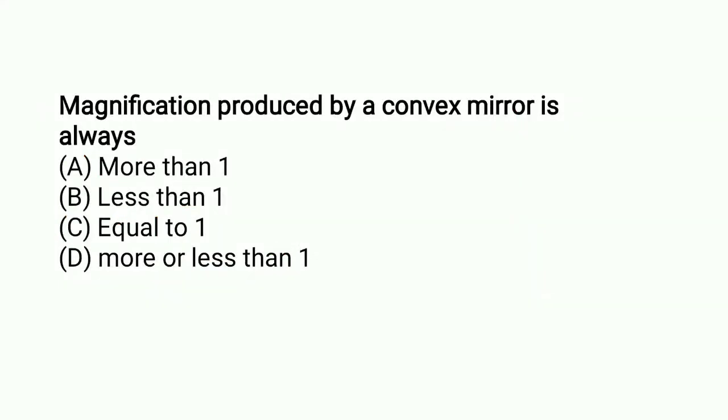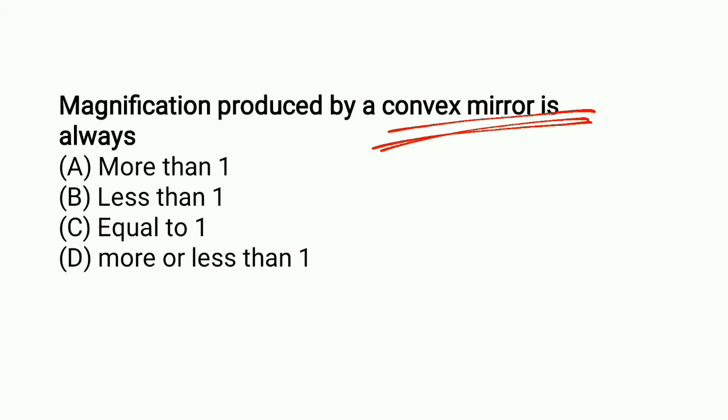Next question. Magnification produced by a convex mirror. So here we have to check the magnification for a convex mirror. Option A more than 1, option B less than 1, equal to 1, and more or less than 1. As we know, a convex mirror always produces a virtual and erect image, and it always produces a diminished, smaller size image.